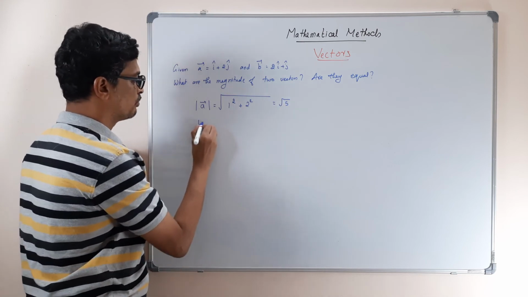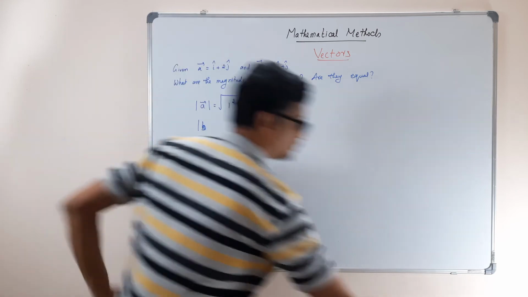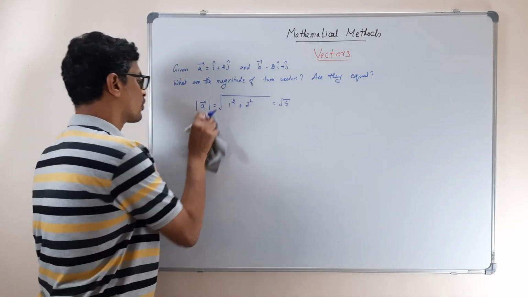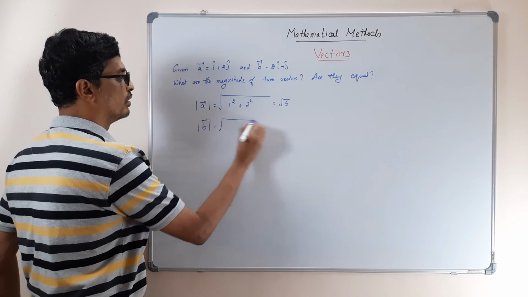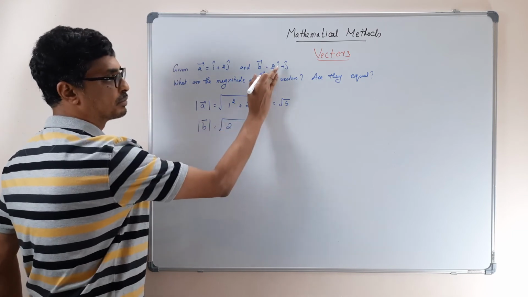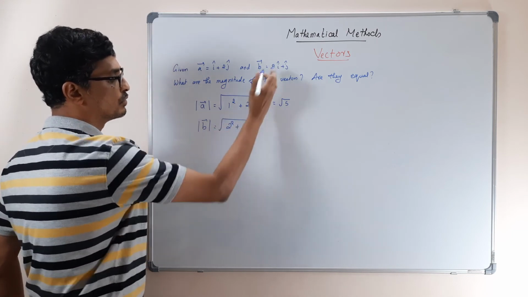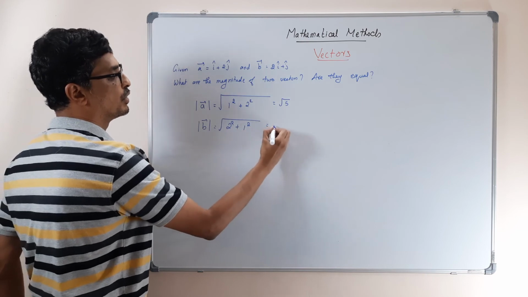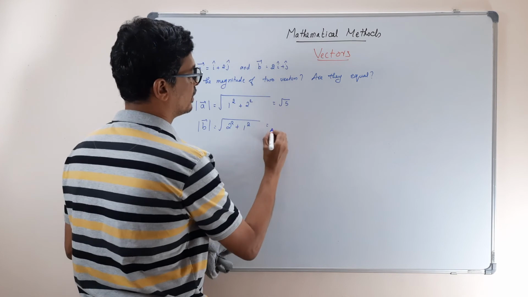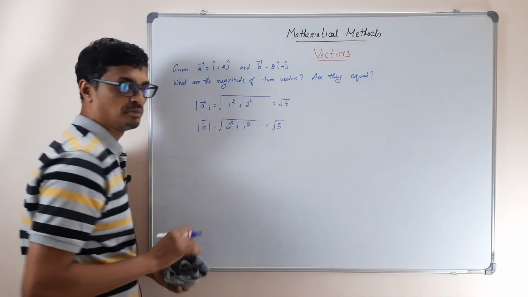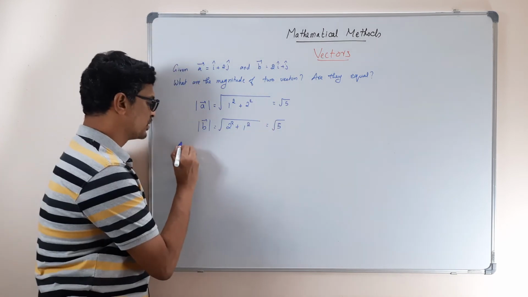So what is the magnitude of B vector? Tell me. The x magnitude is 2 square plus 1 square, that will be equal to root of 5. So of course the magnitudes are the same. The magnitudes are equal.